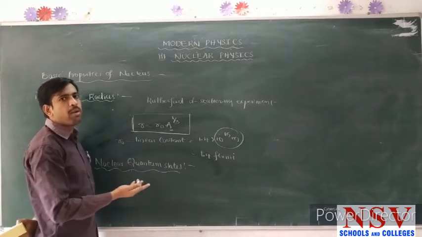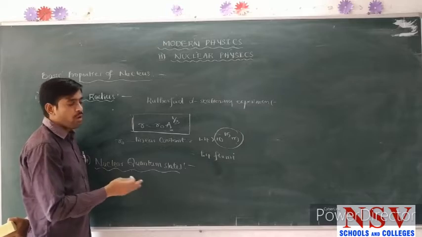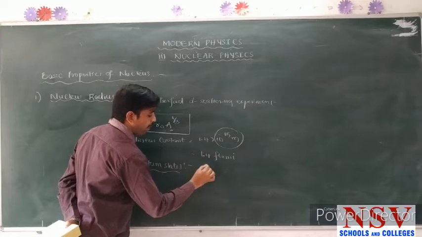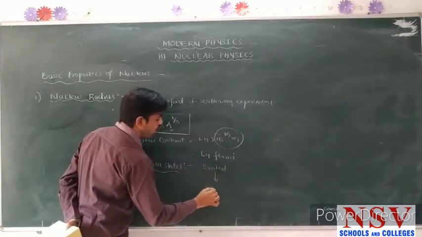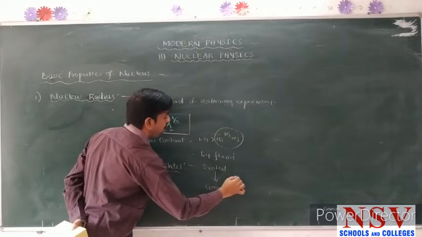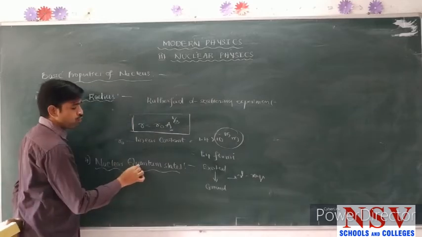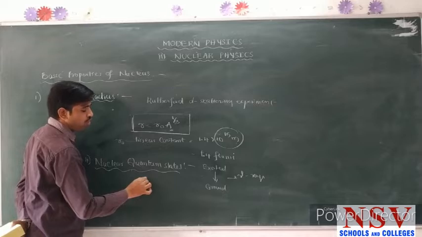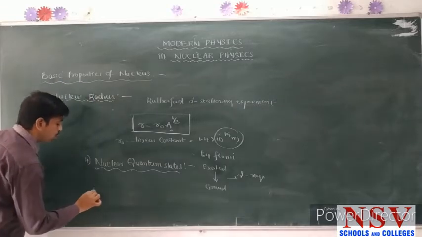At that time, alpha particles, beta particles, and gamma rays are emitted. Gamma rays are emitted when the radioactive element falls from an excited state to the ground state. In this case, the quantum states of the particles differ from one transition level to another transition level. Next one is nuclear spin.